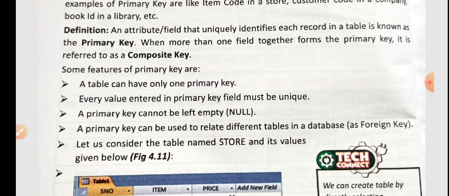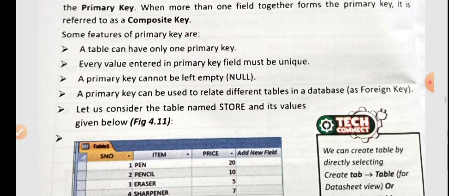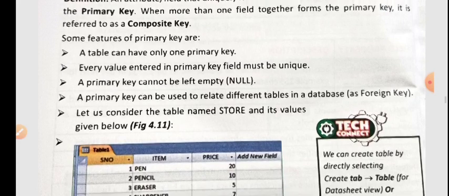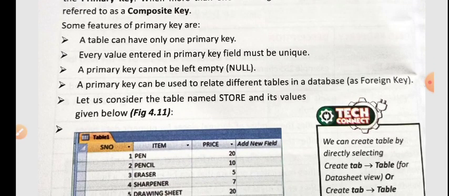And there are a few rules about the primary key. A table can have a single primary key. A primary key can be composite also, means we can assign two fields or two attributes combined as the primary key. The second rule is that the primary key cannot be left empty, means you will have to enter particular data for that key.